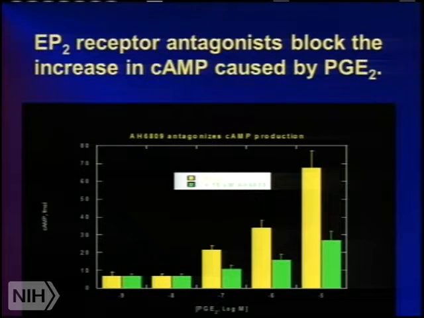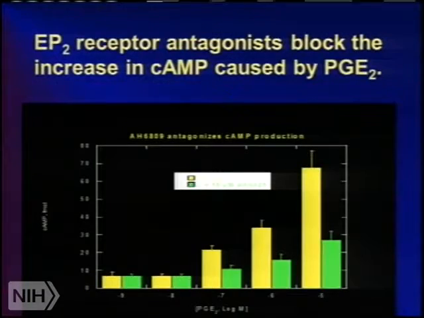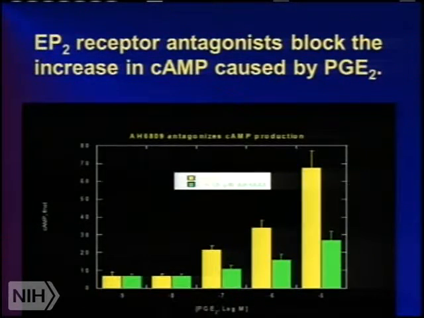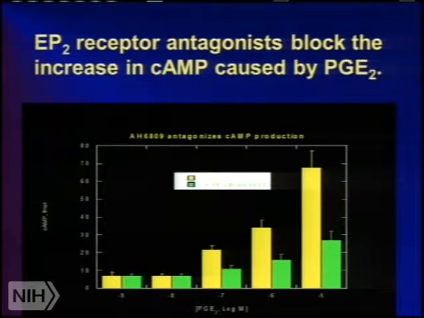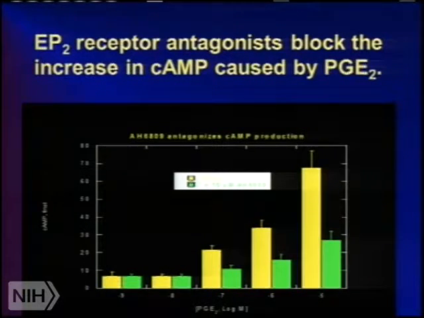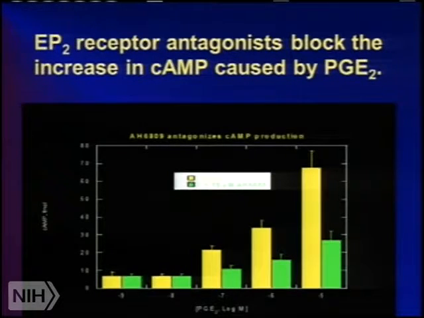So if we add increasing amounts of PGE2, we'll see that the cyclic AMP goes up. But when we have the blocker, AH6809, it inhibits the ability of the PGE2 to elevate the cyclic AMP.